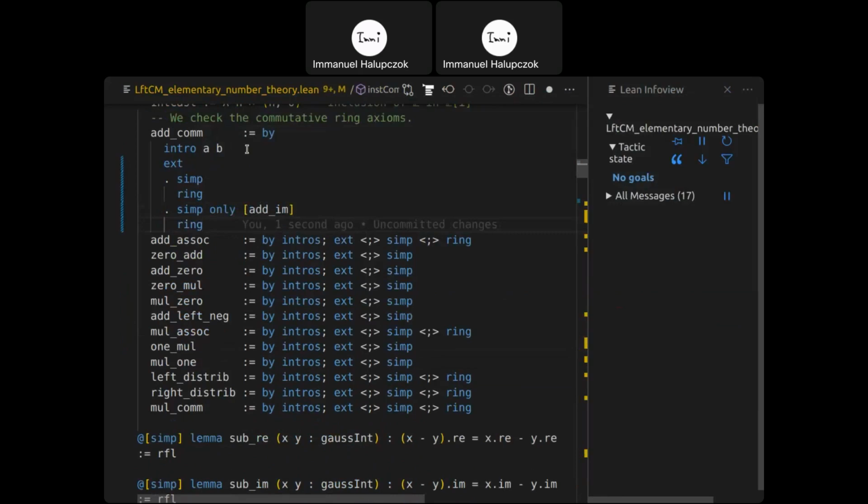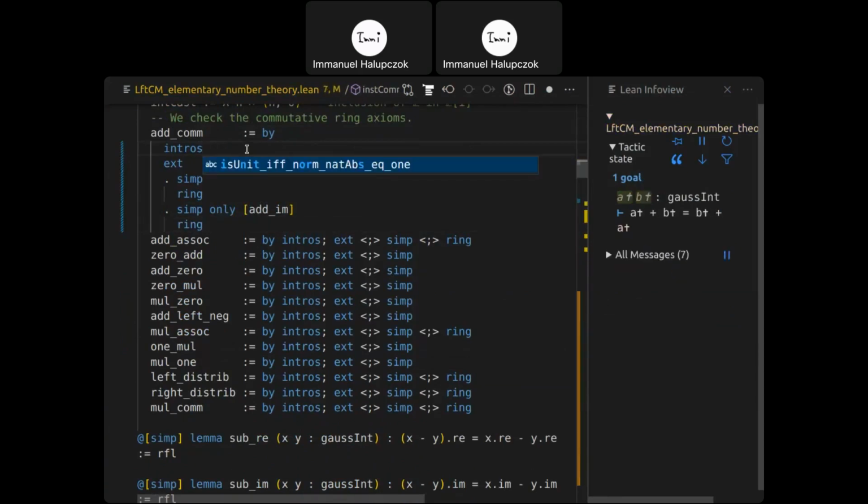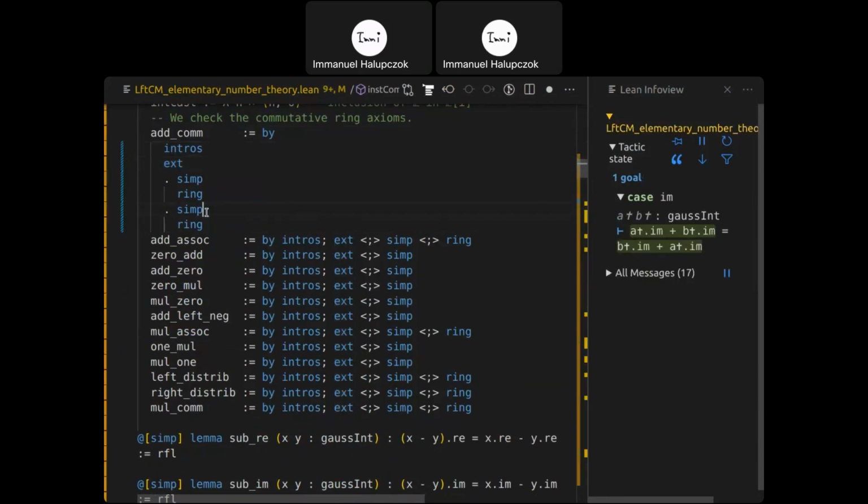First, I'm doing intro a b. I can also do that with intros, and Lean is going to introduce as many variables as it needs. Then the next instruction is ext. But actually, we see that in this case, both of the goals can be proved with exactly the same tactics, right?